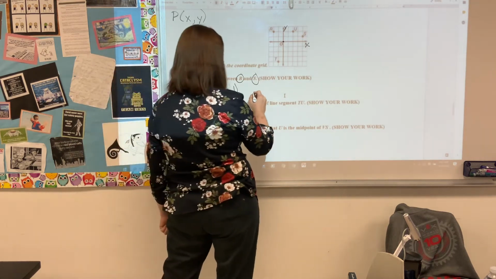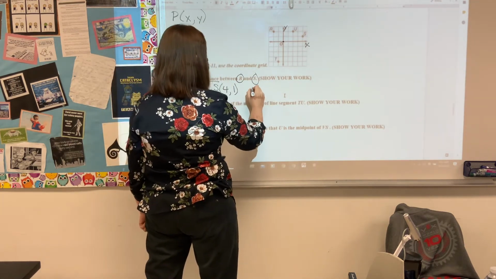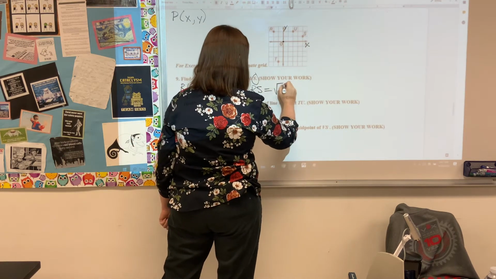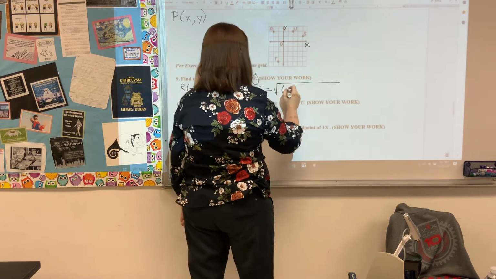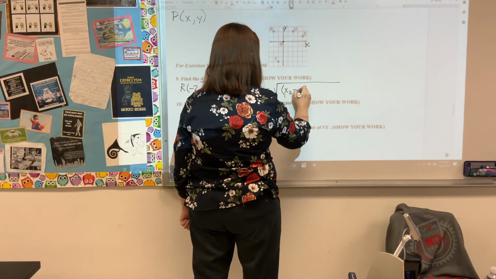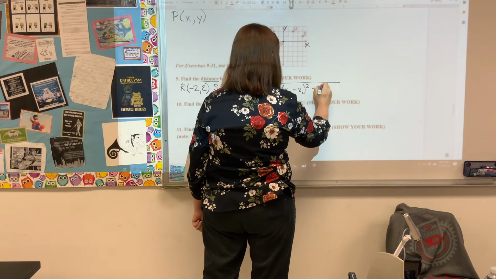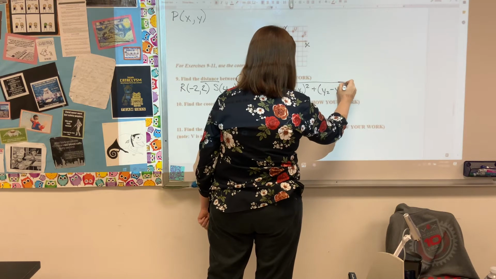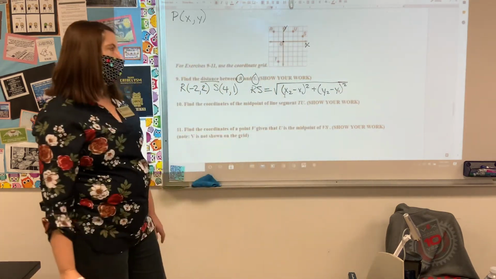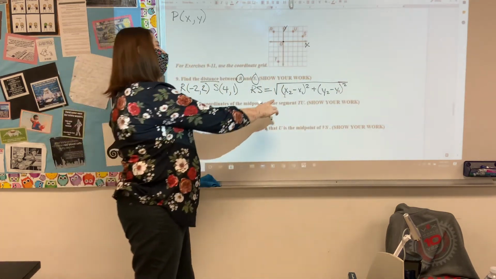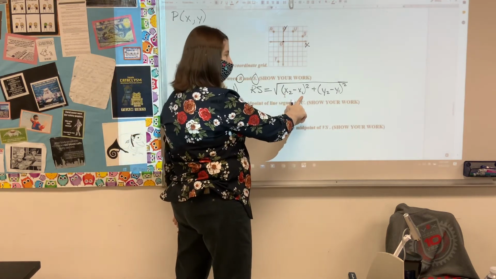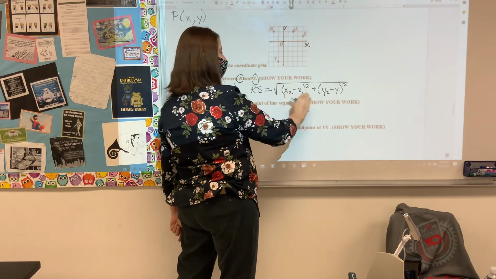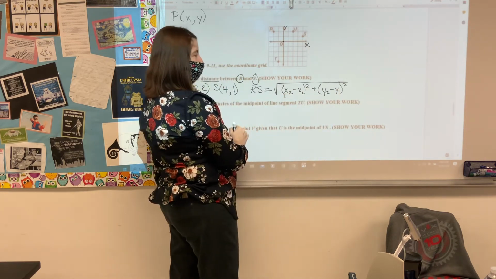Okay, and this is the one that I had messed up on. RS is equal to the square root of, and it should be x2 minus x1 squared plus y2 minus y1 squared. It is really, really important that x2 comes before x1, and that the x and the y's are separated.